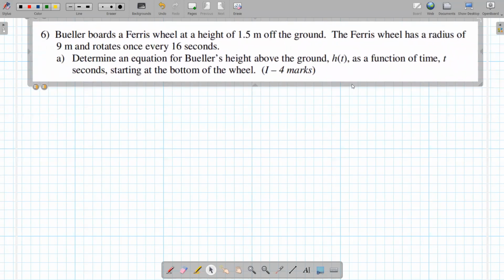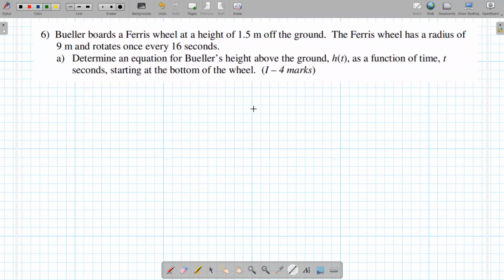All right, we know a bunch of things here. Let's make a rough sketch. What is the minimum value here? That's the first question. 1.5. Right. What is the maximum value?